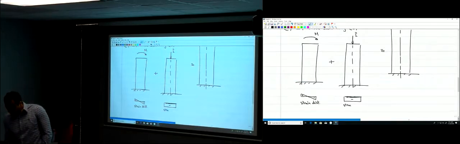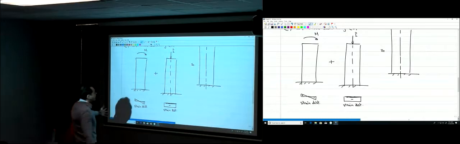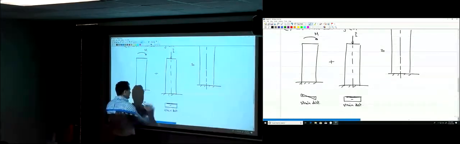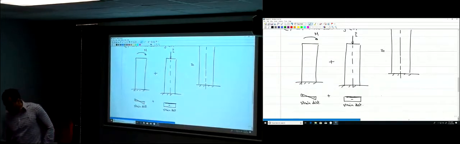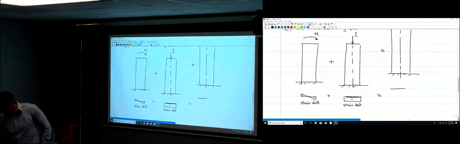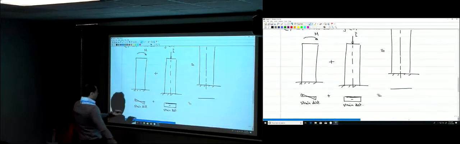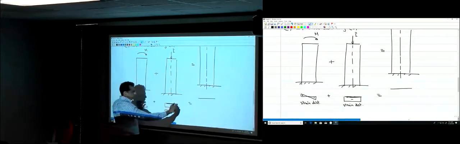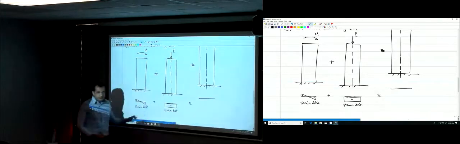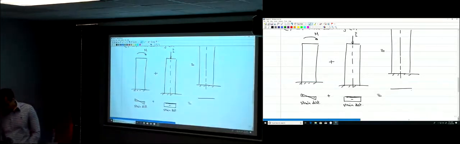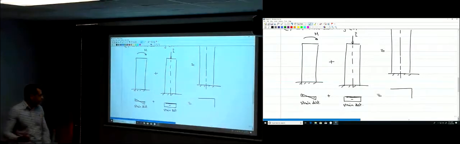So now when you have both applied together, a bending moment and an axial force, I need to add those strain distributions. So how does the strain distribution look? Here you have compression, and here you have compression at the same point. So the compression strain is going to increase. So you're going to have a higher compression strain on this side.